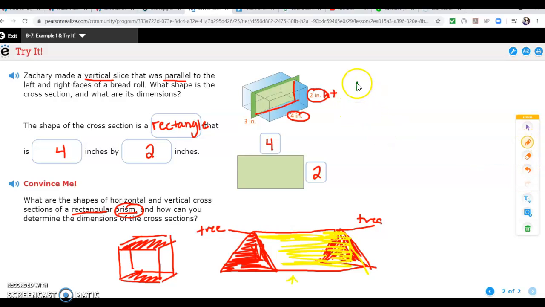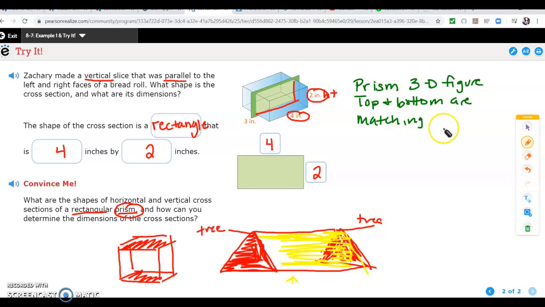So, prism, a prism is a 3D figure. The top and bottom match. They're actually matching polygons.